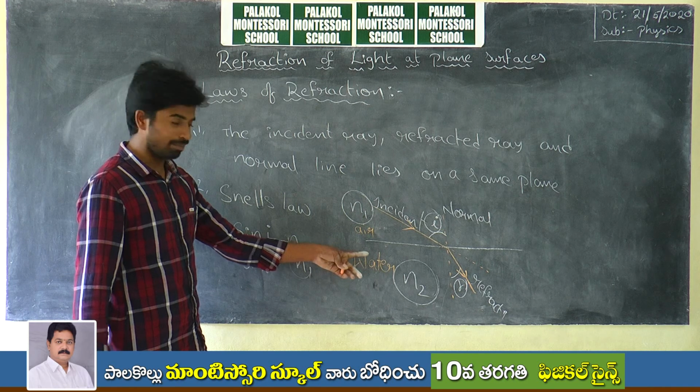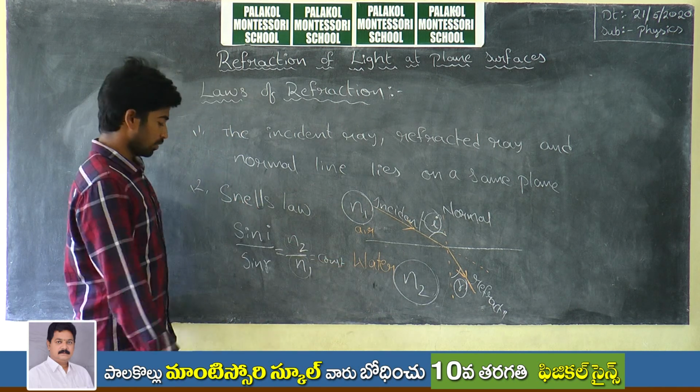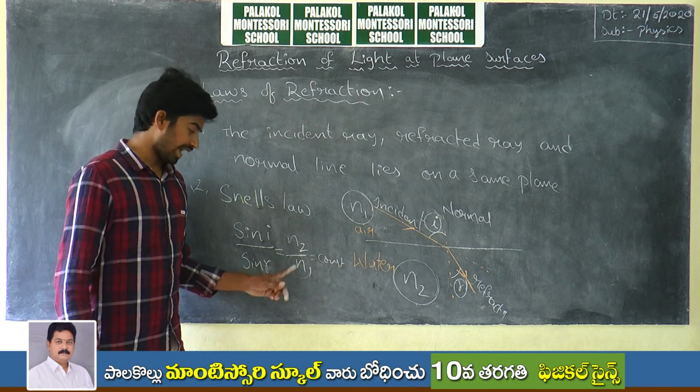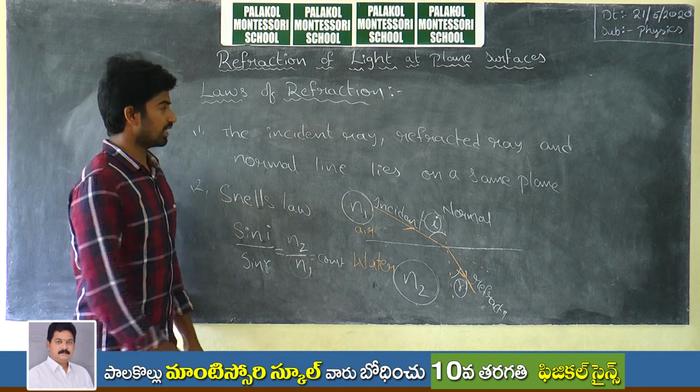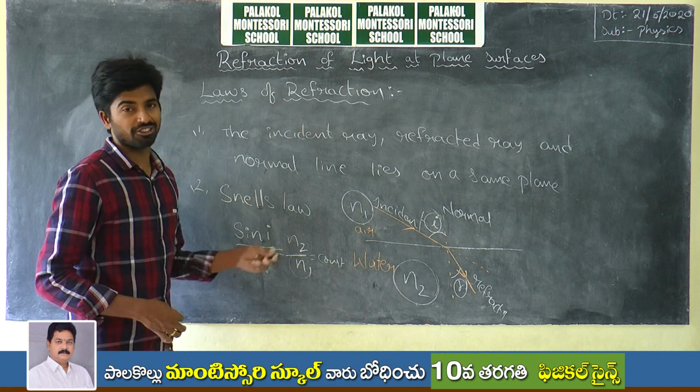Here n1 is the refractive index of the air medium and n2 is the refractive index of the water medium. So Snell's law is sin i by sin r is equal to n2 by n1. These are the two laws that light will follow during refraction.